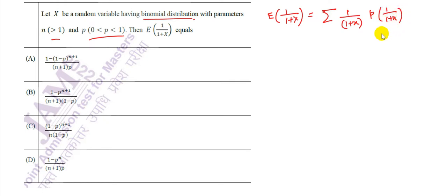So this is the expression, and this can be written as the summation of x equal to 0 to n of 1 by 1 plus x into nCx into p to the power x into 1 minus p to the power n minus x.